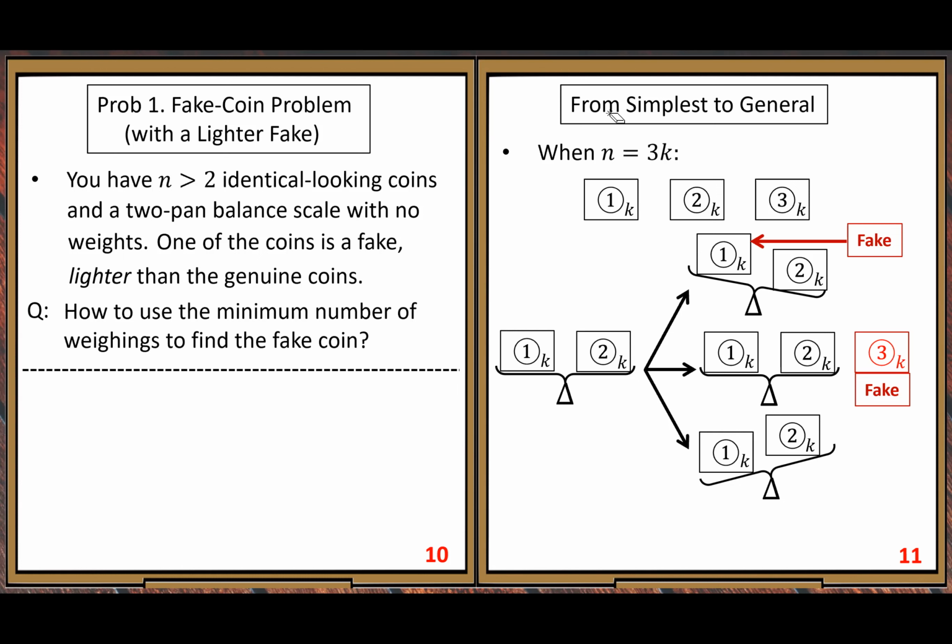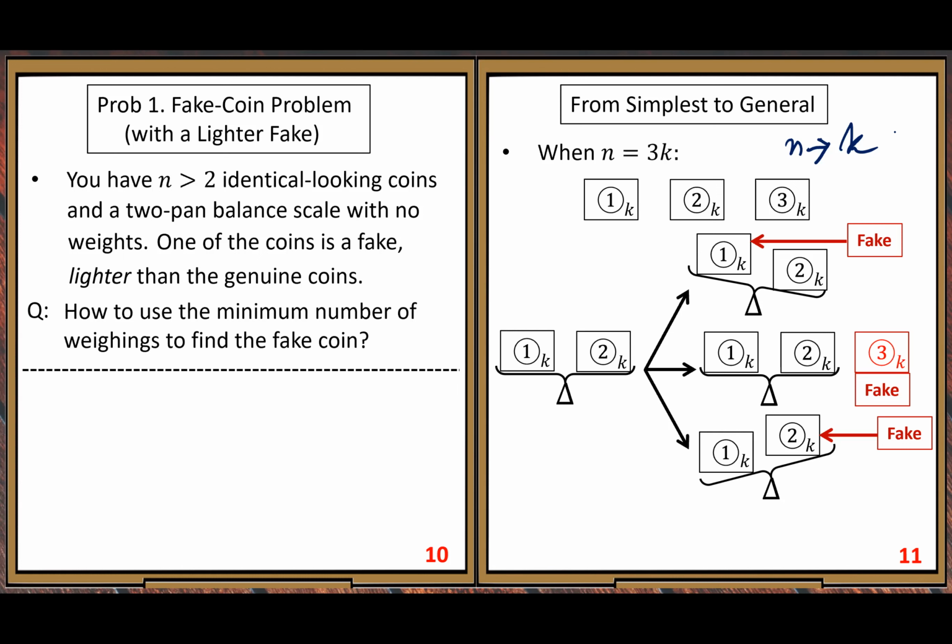Now you can see the size reduction. What is the size reduction when we run this way? From original size n to size k. How about that? That's the size reduction. From n to k. Okay? Yeah. Can you work on k coins?